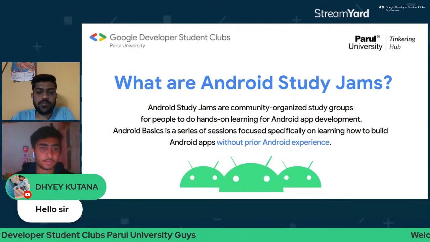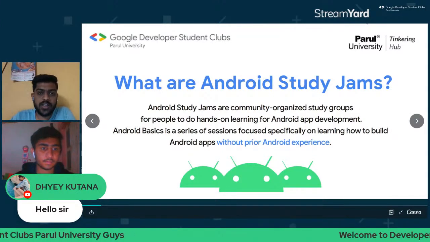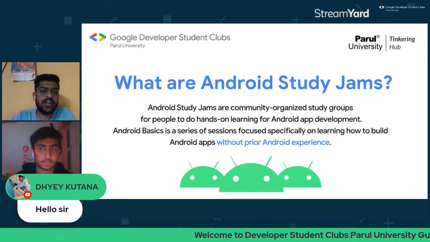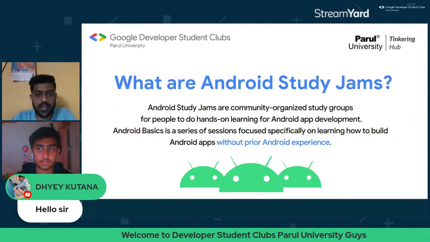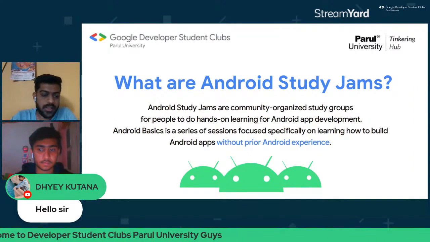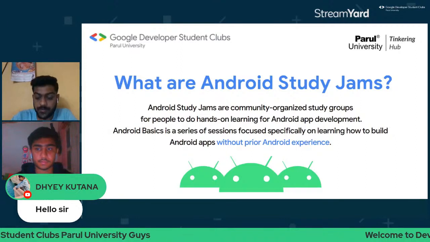You can start from zero itself. You don't need any level of coding experience. If you haven't written a single line of code, don't worry, we are here for you and we will be guiding you through the whole event.